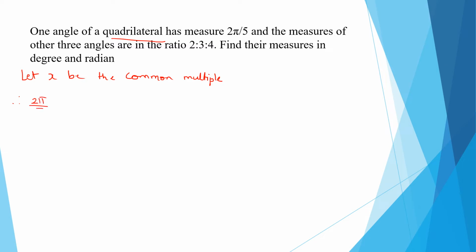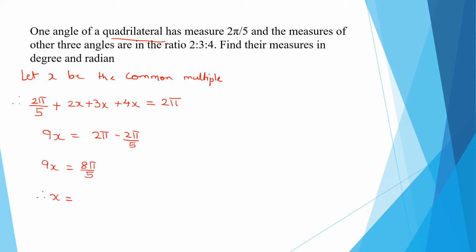So 2 pi by 5 plus 2x plus 3x plus 4x equals 360 degree. 360 मतलब कितना होता है? 2 pi. So 2, 3, 4, 9x. So I'll get 9x as 2 pi minus 2 pi by 5. That is 9x becomes, cross multiplied, 8 pi by 5.